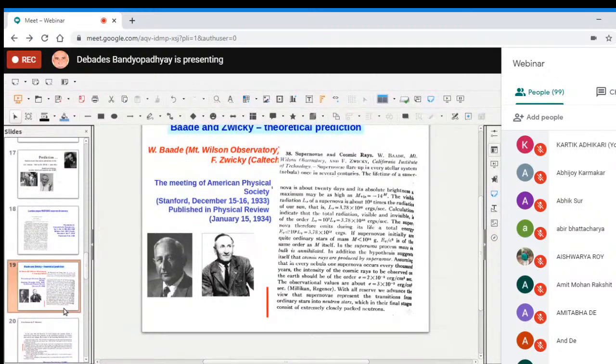Only visionaries can make this kind of statement or write this kind of paper. So this is the statement they made at that time.